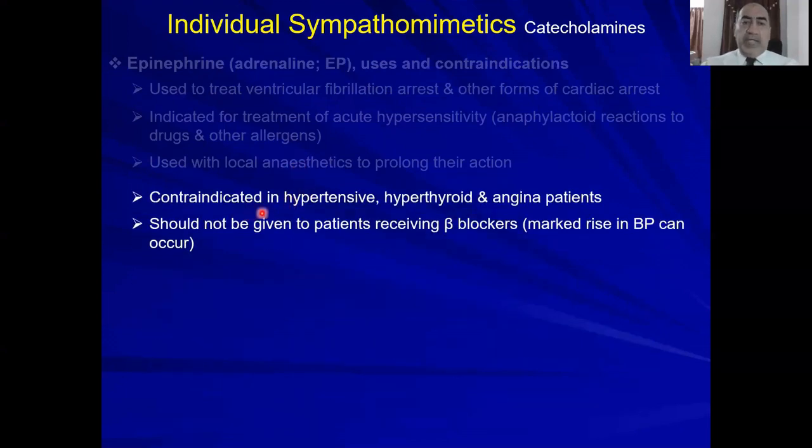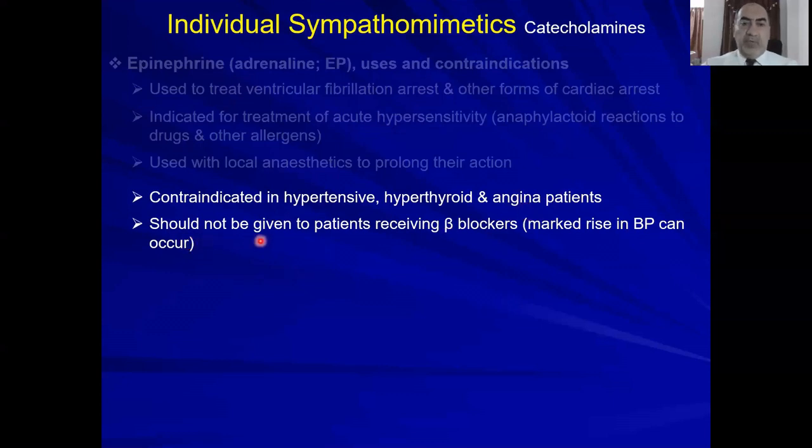It's contraindicated in hypertensive patients because, as we said, it increases the systolic blood pressure. Also in hyperthyroid patients, as thyroid hormone itself increases heart rate and cardiac contractility, and in angina patients, because this will increase cardiac oxygen demand, cardiac load, heart rate, and contractility. Angina patients suffer from decreased oxygen supply.